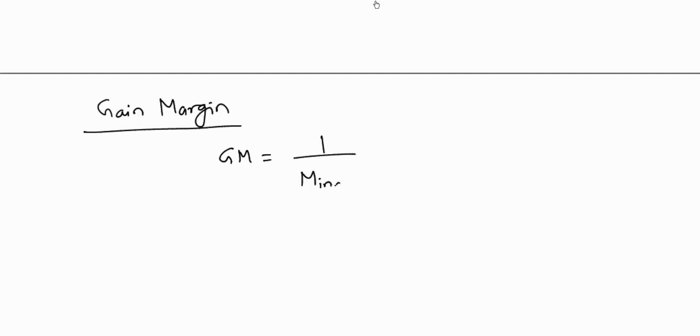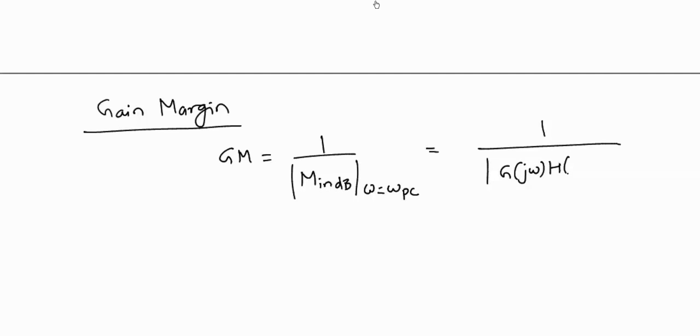So gain margin is nothing but 1 by magnitude at omega equal to omega pc, which is equal to 1 by magnitude of G of j omega into H of j omega at omega equal to omega pc.